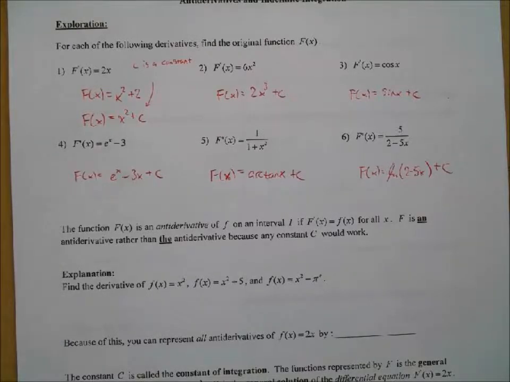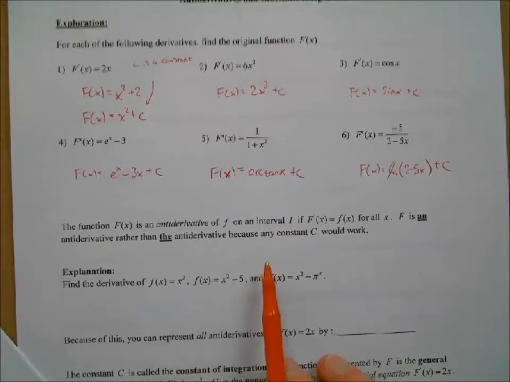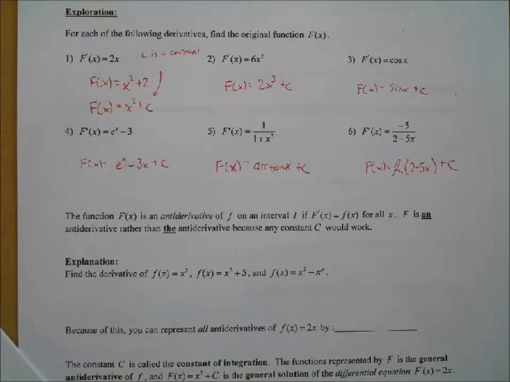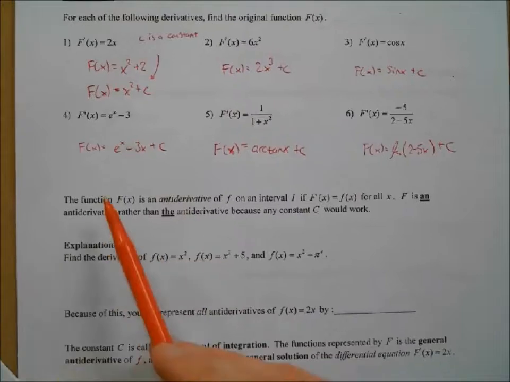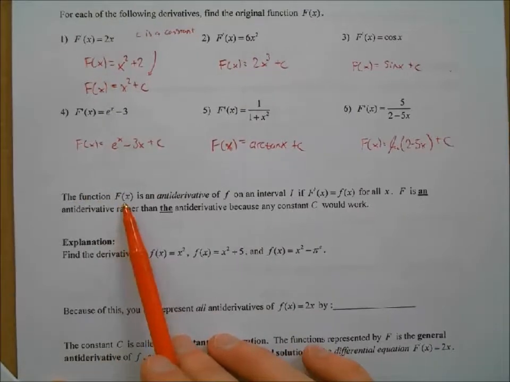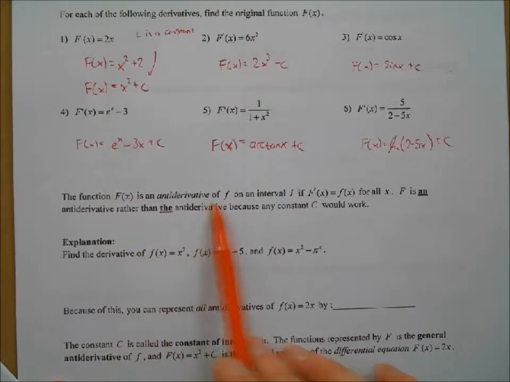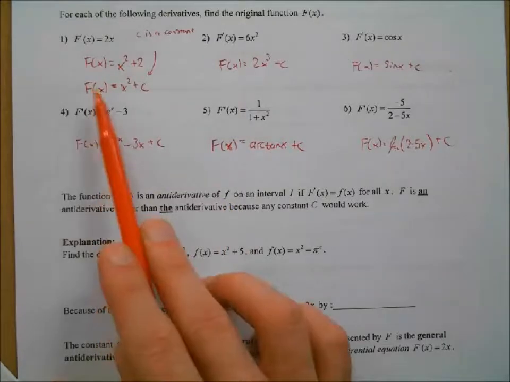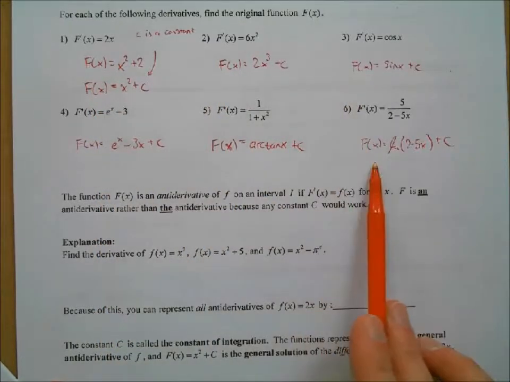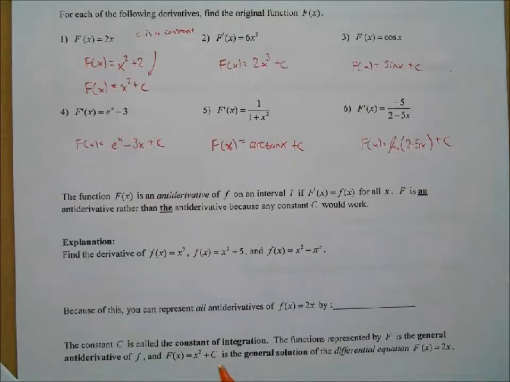Okay, so this next little sentence here, we already mentioned this, but I'll say it again just for the purpose of going through the notes here completely. All right, the function capital F of x is an antiderivative of f. So all these functions that we came up with here are called antiderivatives of the original function, or I guess of f prime in that case.